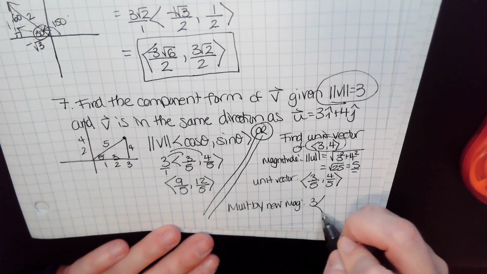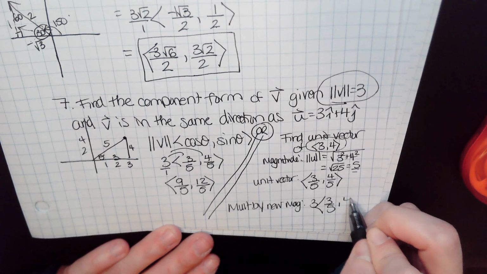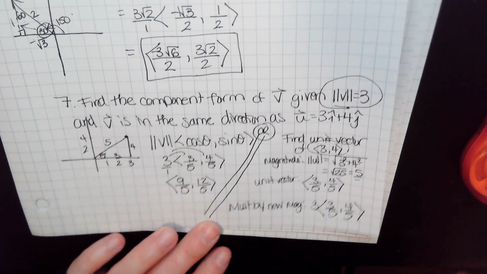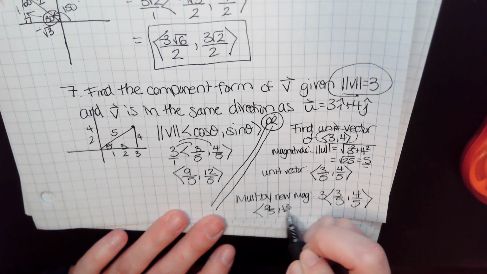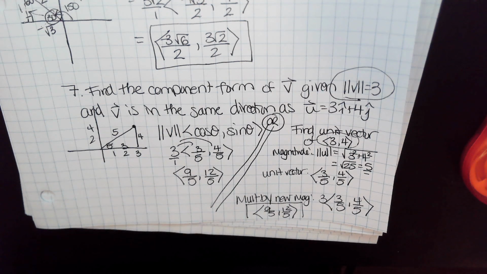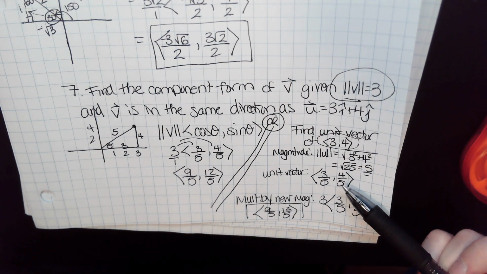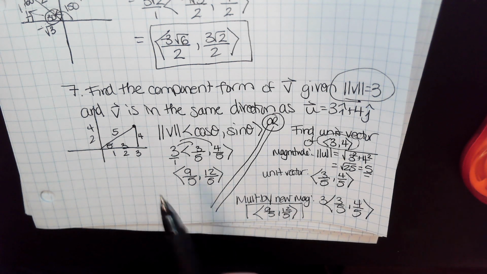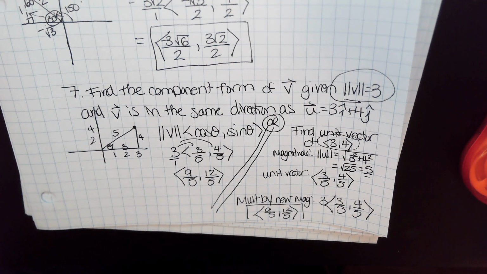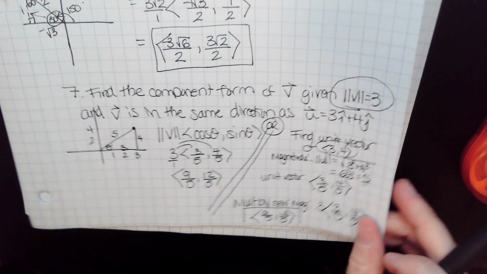So you take 3, and here it should look pretty similar to where we were on the left side, leaving us with 9 over 5 and 12 over 5. So this way is a little bit longer, but we've already been doing it that way. If you're already comfortable with that, you can continue, or you can do it this way as well. So just showing you there are 2 ways of doing that same problem.